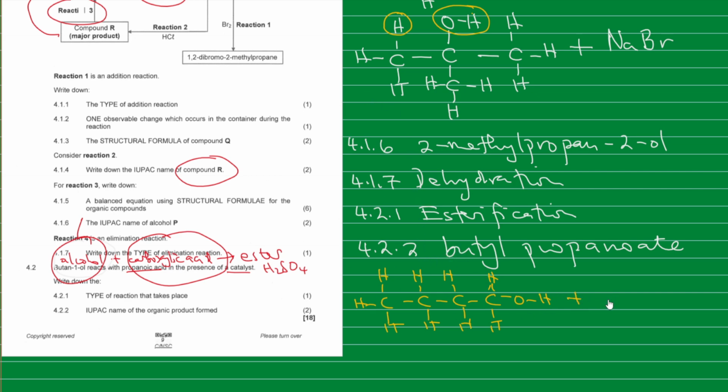For propanoic acid, I'll take C double bond O, and I'll write the OH here. I'm deliberately writing the COOH on this side here, and a C and a C. So that's what we have here.